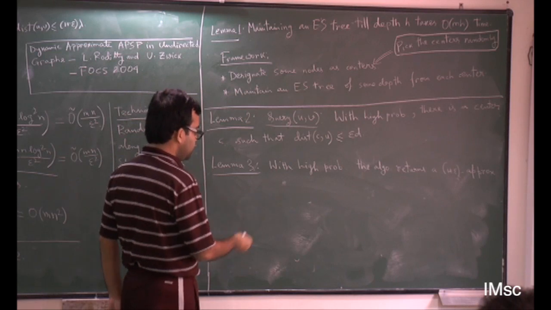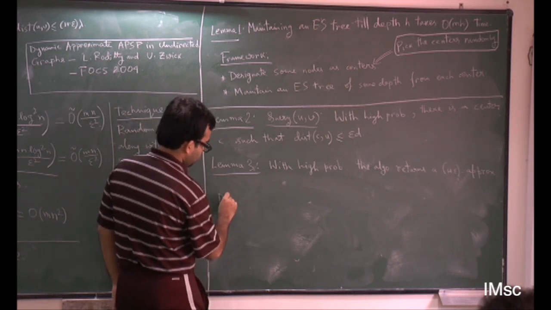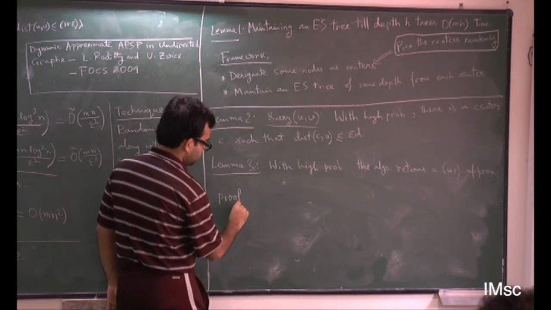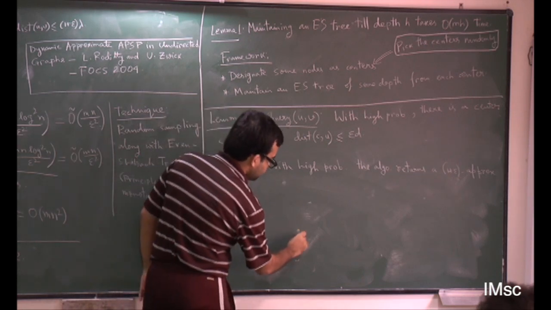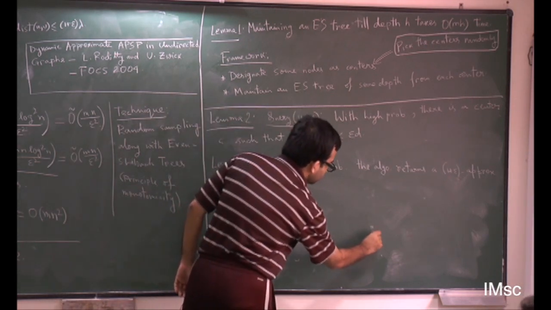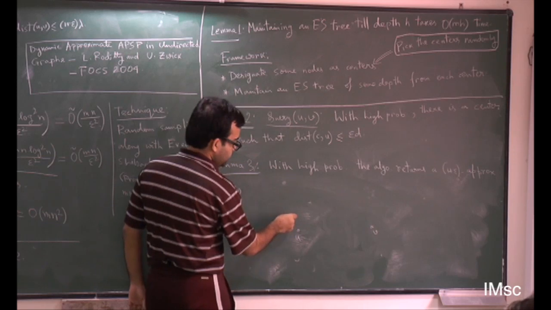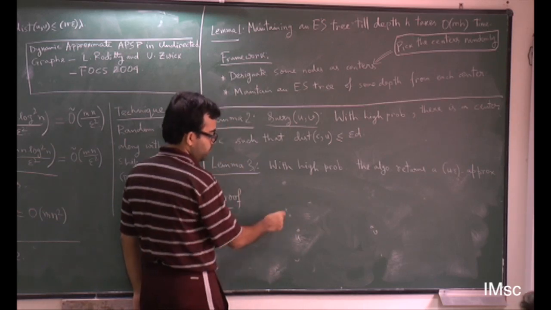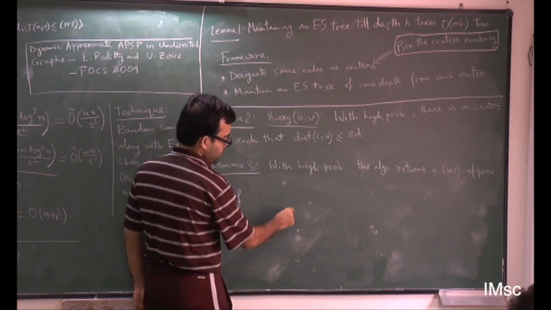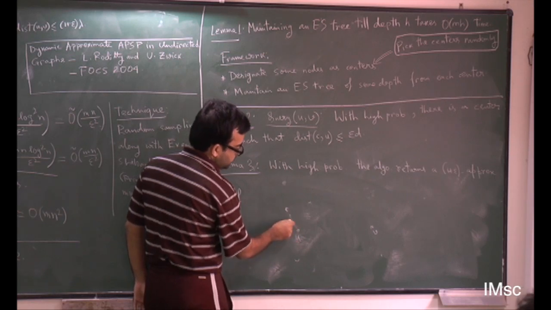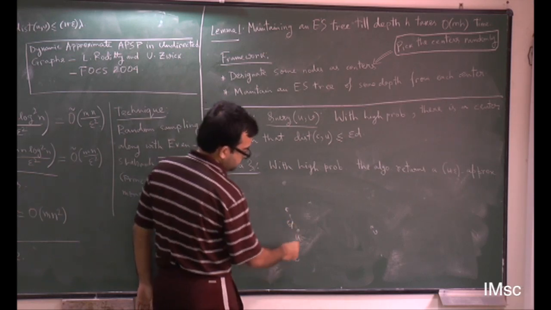Now, why is this the case? Again, just look at this picture. This is U, this is V. With high probability, there is a center very close to U, and this distance is epsilon d.